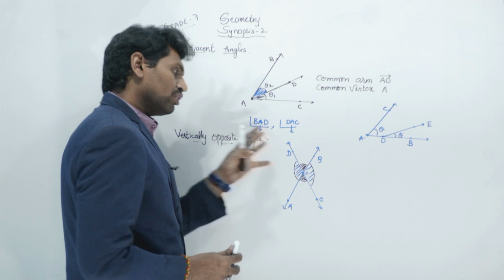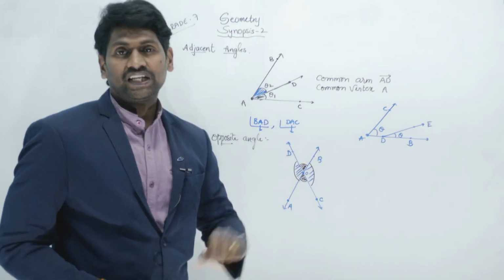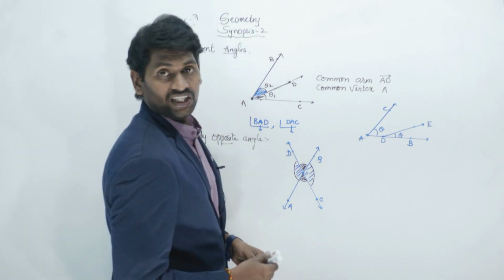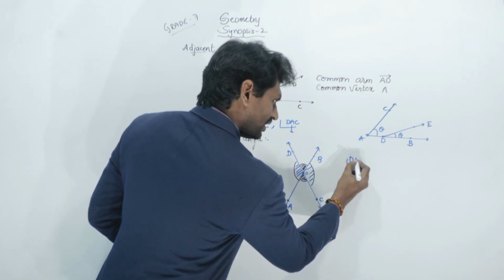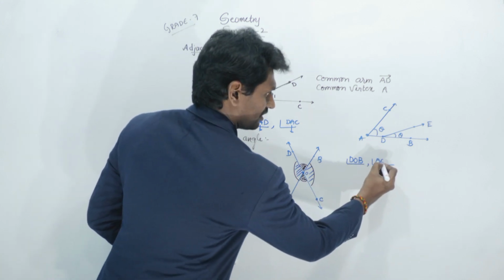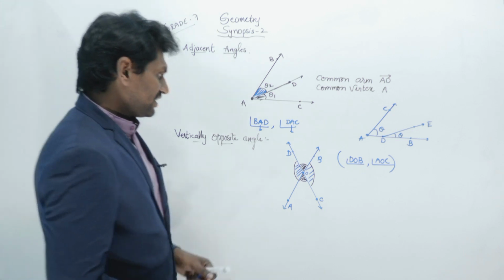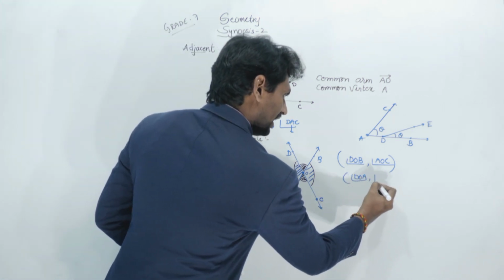That means if two lines intersect at a point, two pairs of vertically opposite angles form. What are the two pairs? Angle DOB and AOC are a pair, opposite to each other. And the second pair is angle DOA and BOC.